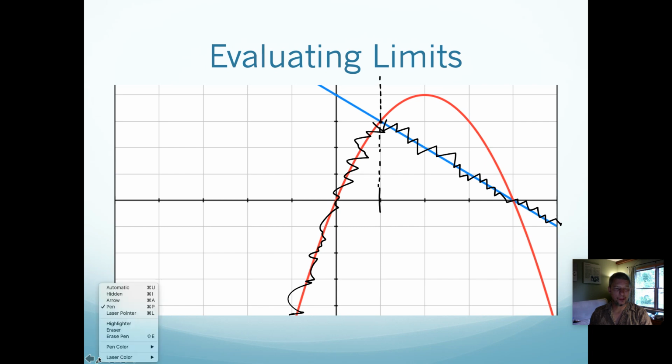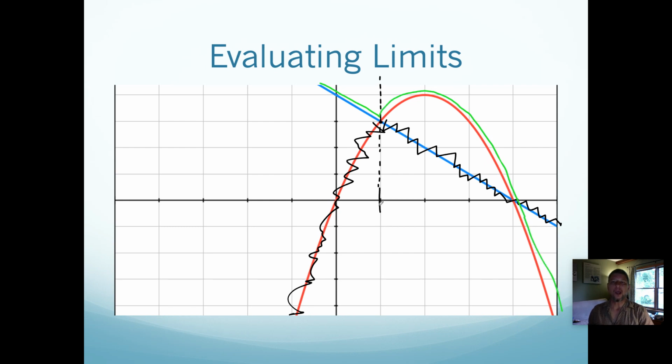In this case, what we really have is a function that looks like this until we reach x equals 1, and then looks like this when x is greater than 1. That's what the graph of this would actually look like. If you look at the green curve, that's what the function should look like.